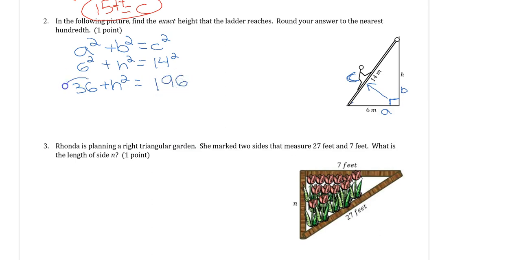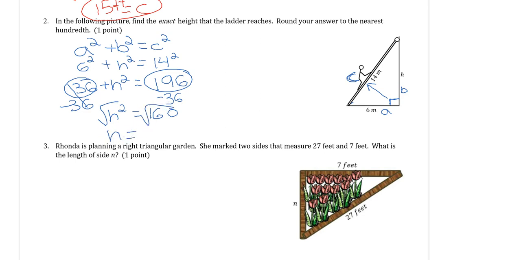Now, in this one, 36 and 196 are on opposite sides. That's when I have to do the opposite. So those cancel. So h squared equals 160. And then I'm going to take the square root.